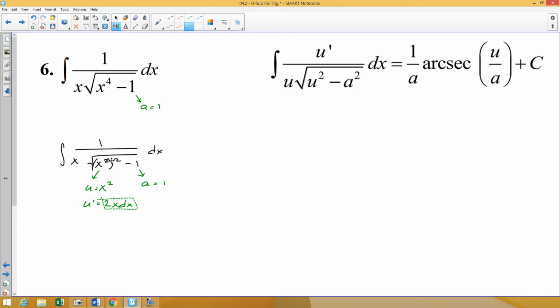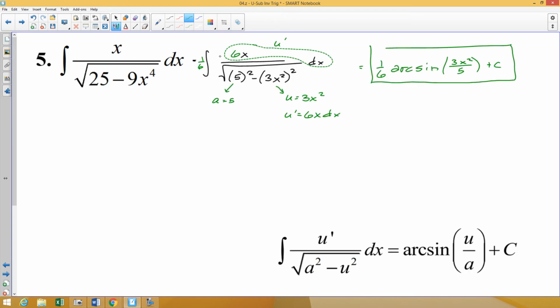So far, every u sub we've done, we've been able to account for missing constants. And if I want to account for that missing 2, I could easily multiply the top by 2. Let's try. Multiply the top by 2. And if I multiply the top by 2, I multiply the outside by 1/2, and that takes care of the 2, no different than how we accounted for the missing 6 in number 5.